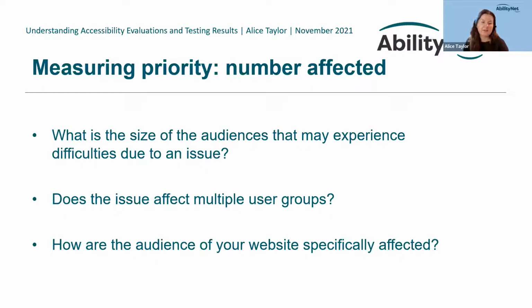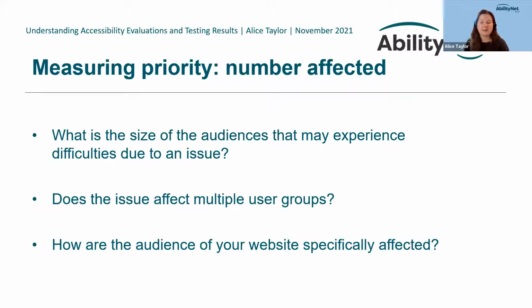And then thinking about the audience of your website specifically, if you know, for example, that you have a high number of older users, you may want to have low vision issues as a high priority. But there may also be some AAA issues that you might want to add.